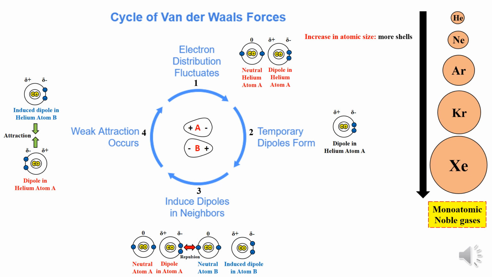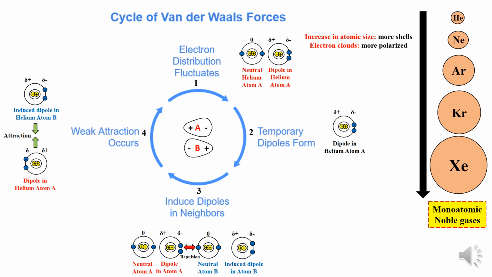Because as you go down the group, the number of shells increase. With the increase in number of shells, there is increase in the atomic size. And as the number of shells increase, the number of electrons increase.